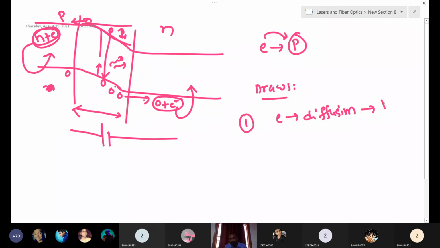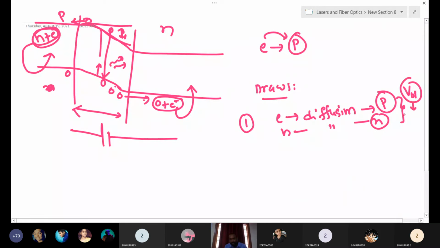Similarly, holes may diffuse into the n side, in the bulk region, because of the less potential barrier. Because of this, electron and hole recombine in the bulk region, and if they recombine in the bulk region, it is not useful. And the second thing is the same refractive index. That is also one drawback.